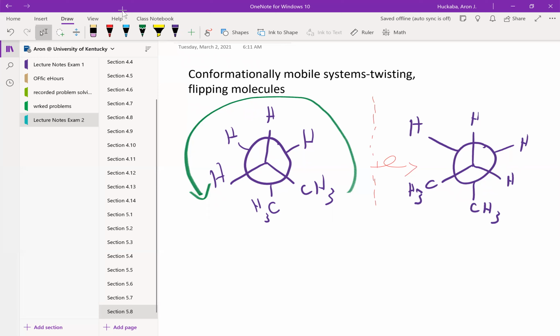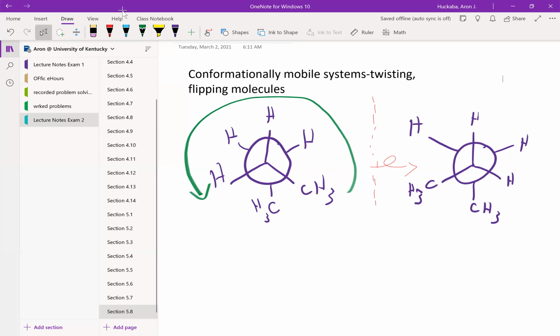They're not enantiomers because the molecule on the left is constantly rotating and can achieve the molecule on the right really, really quickly. And so, because of that, you can't actually measure the difference between the two. And so, the molecule here is said to be achiral.